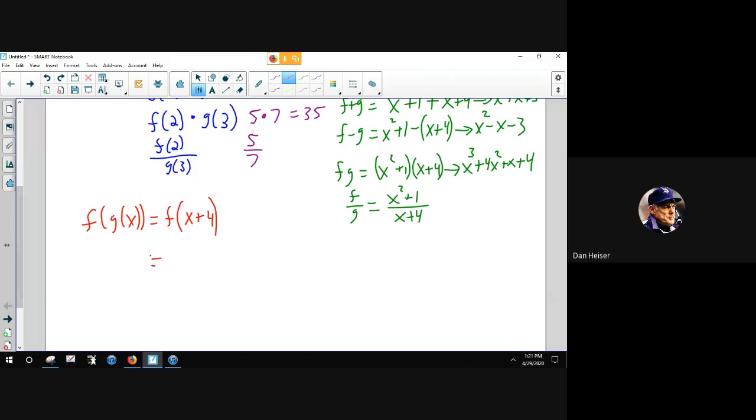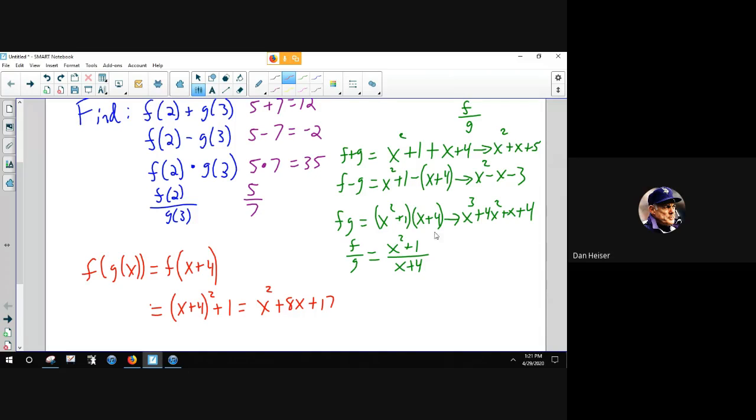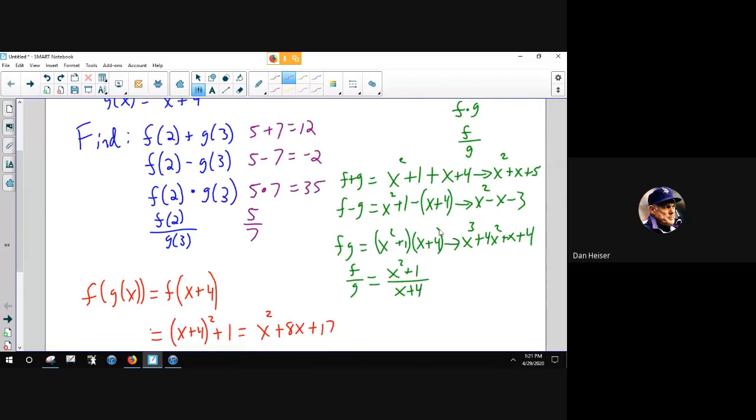Rule for f, whatever's inside the parentheses, it's squared, and then 1 is added to it, and it looks like we get this, which does not match any of these up here. So none of these were compositions.